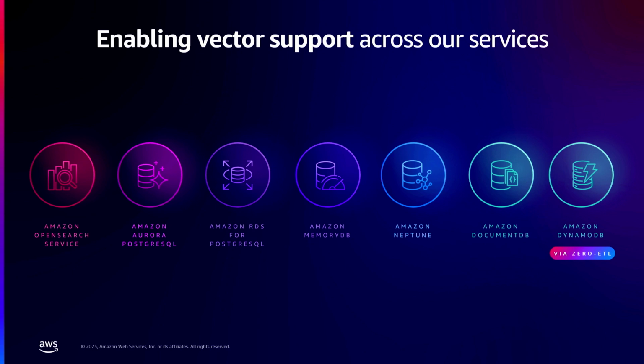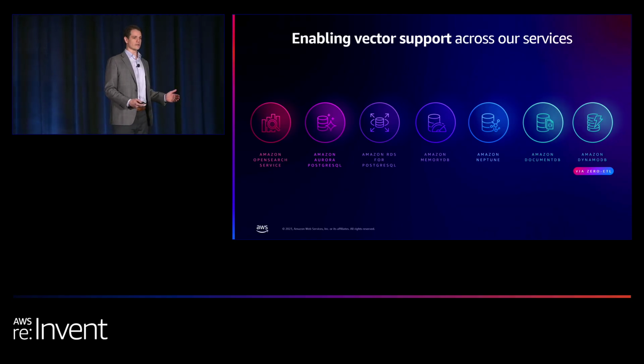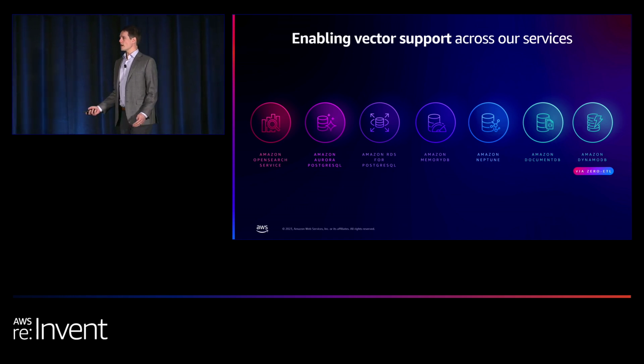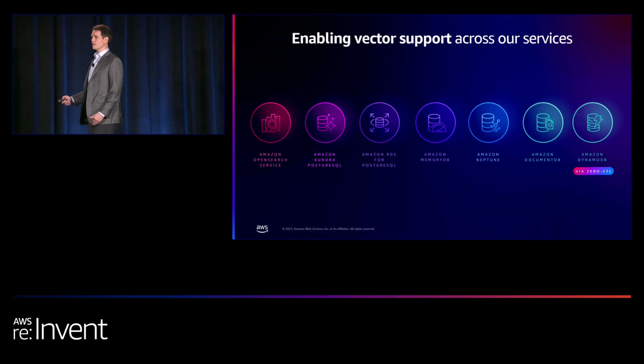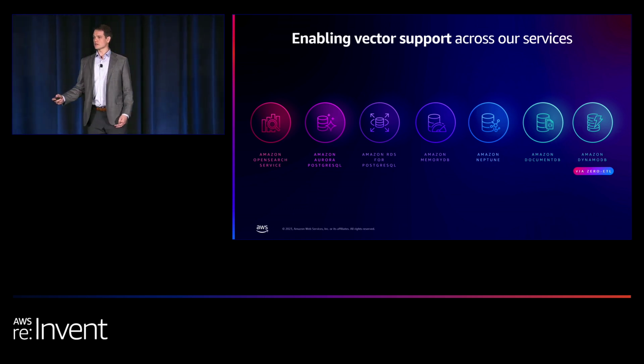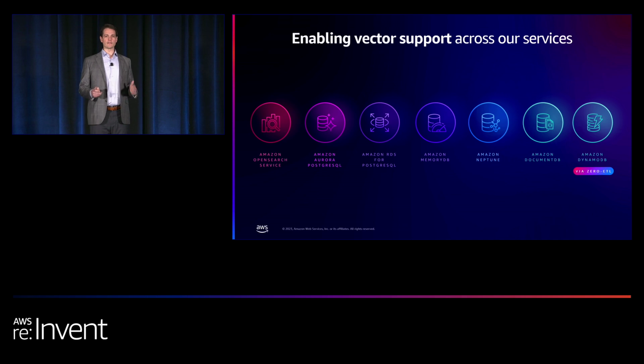And that's why we've added vector support across many of the options in our database portfolio. Each of the purpose-built databases at AWS has its advantages, and that's no different when it comes to the vector support of those databases. As an example, if you're building an AI application that depends heavily on full-text search, you should use OpenSearch Serverless, which is purpose-built for that use case.